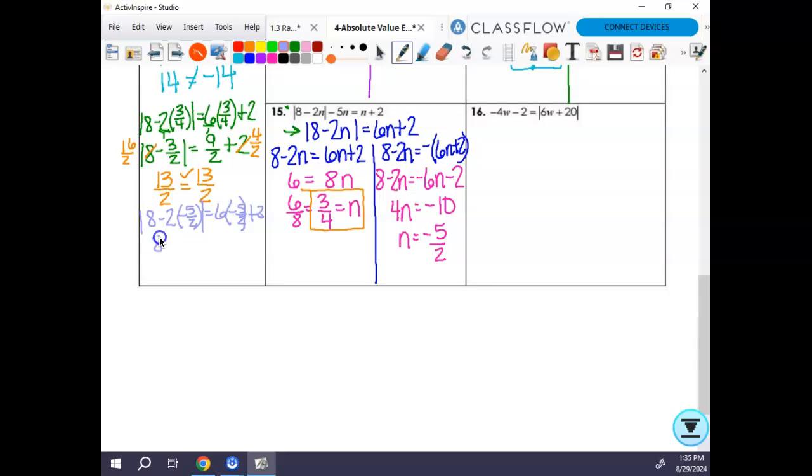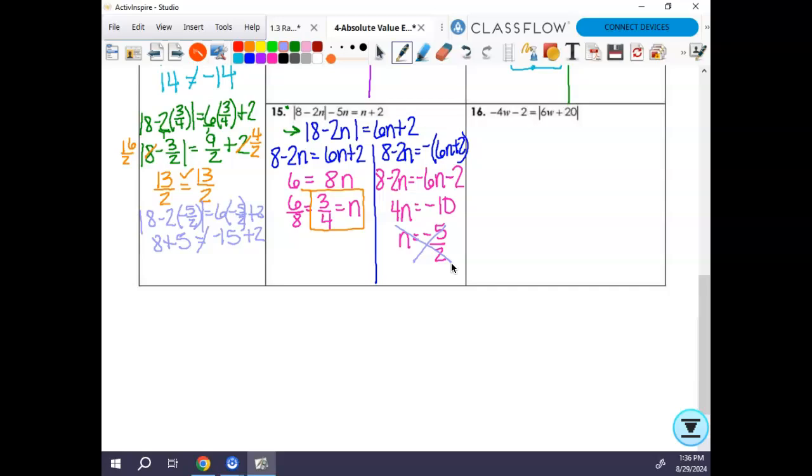So I know I'm going to have 8 plus something, which means I can drop my absolute value. 2 times 5/2 is what? 5. Equals, and then 6 times 5/2, or you can make that into 30 over 2, whatever you want to do, but it's going to be negative 15 plus 2. Now, before I even add anything else together, is this going to be a true statement? No, they are not equal, so I do not like that one.